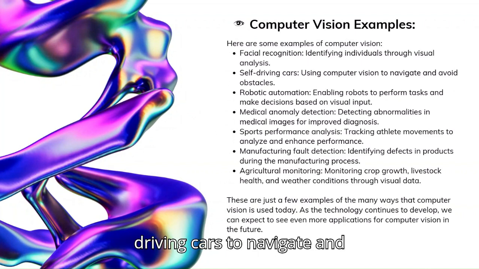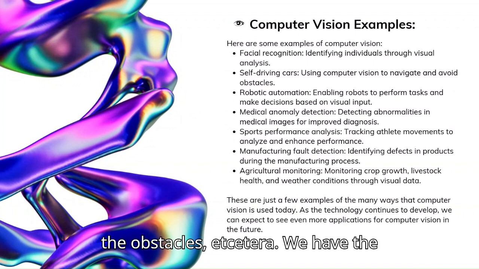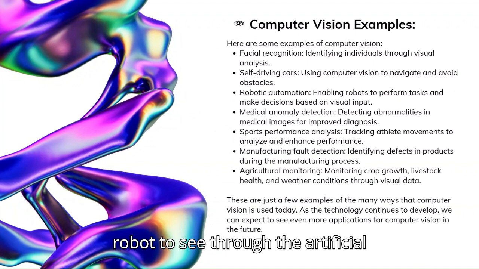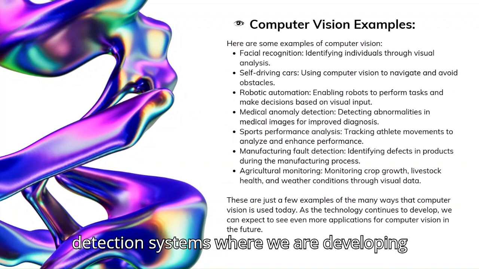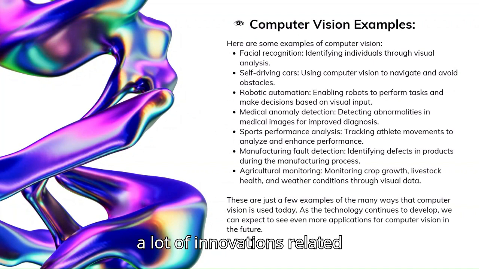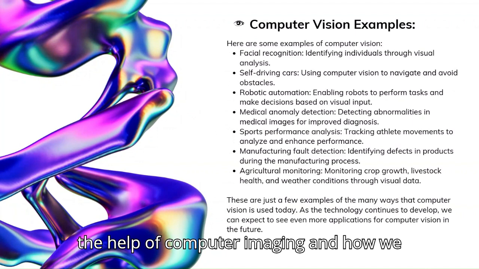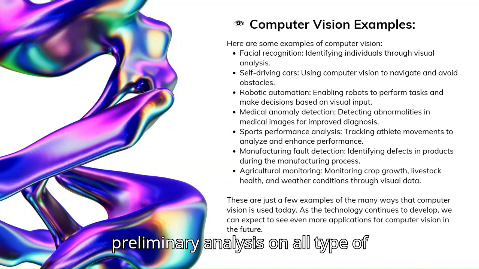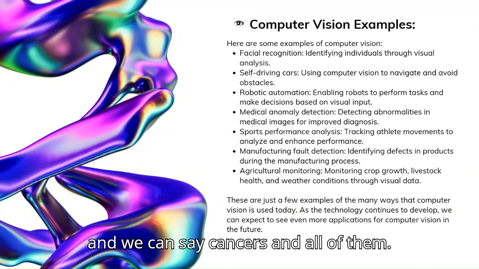We also have self-driving cars to navigate and identify the anomalies on the roads, the obstacles, etc. We have robotic automation, where we enable the robot to see through artificial eyes, and we have medical anomaly detection systems, where we are developing a lot of innovations related to disease and how we can spot them with the help of computer imaging, and do a preliminary analysis on all types of diseases such as fractures, and we can say cancers and all of them.